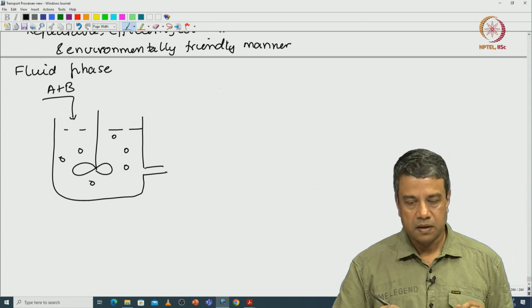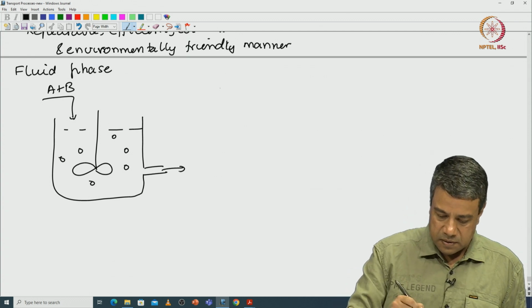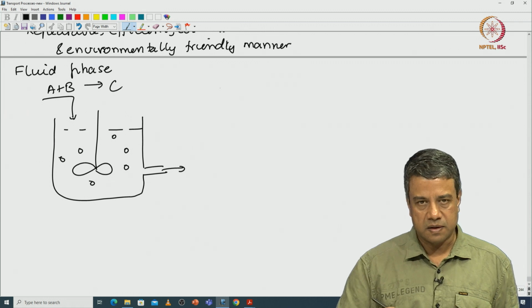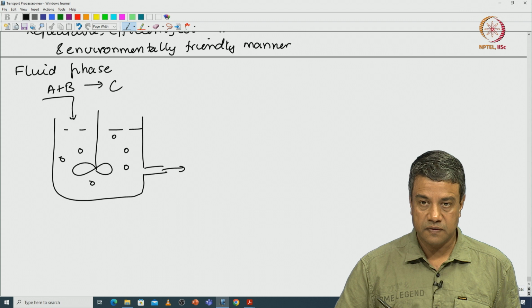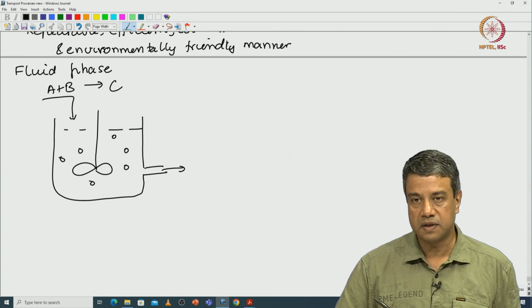This gives you, let us say, A plus B going to C, some constituent, and this is a solid catalyzed reaction.